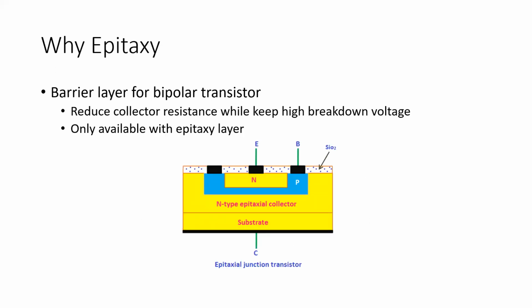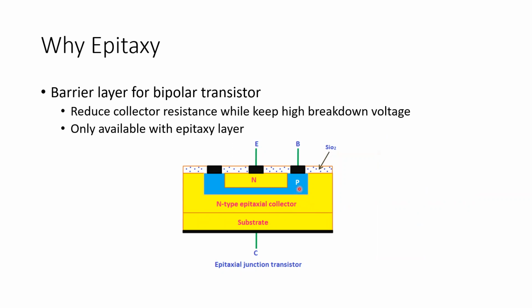So for example, here we show a structure of a bipolar junction transistor with an epi layer. So we have a substrate, and then we grow a thin layer of n-type material on top of it. And this n-type epitaxial layer will work as a collector.